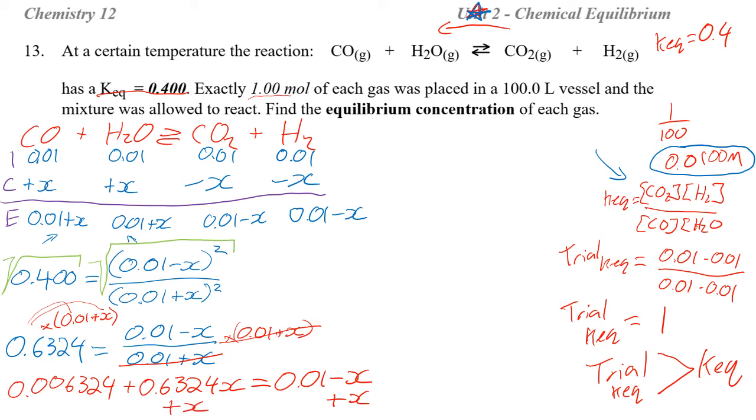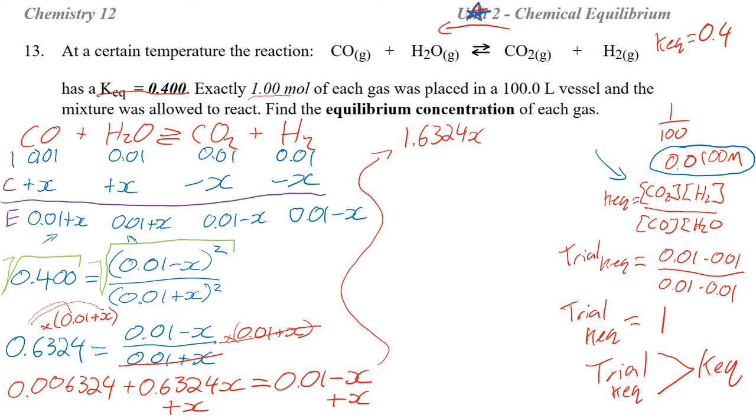And then I'm going to move it all the way up there. 0.6324x plus x is going to be just 1.6324x. This is a 1x, so I'm plussing an x on both sides.